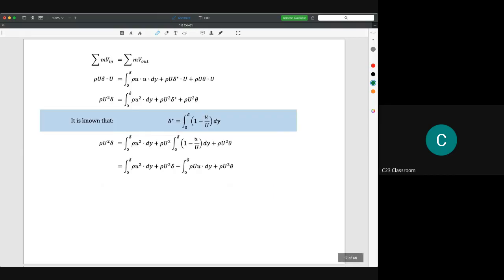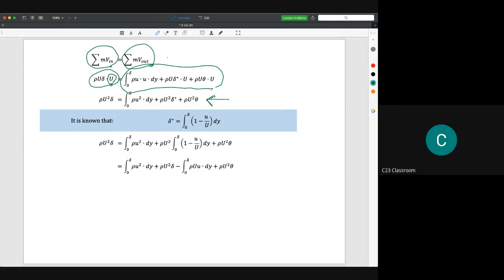And then we do the calculation. We write that the momentum at inlet must be equal to the momentum at outlet. So we write the momentum of inlet as this one, and the momentum for outlet as this one. To simplify this, we bring the value of U to the right hand side. So we have this equation.